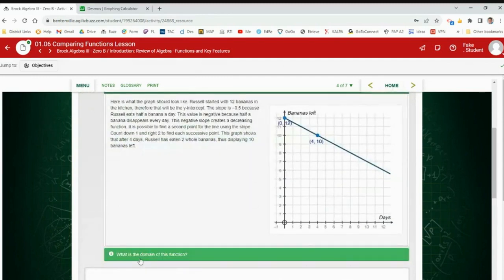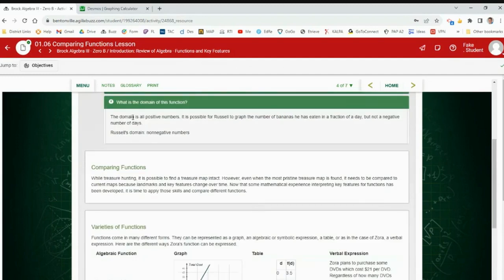So what's the domain of this function? The x's. Well, it is 0 and larger, right? X cannot be less than 0 because we don't have -1 days. The domain is all positive numbers, no negative numbers.